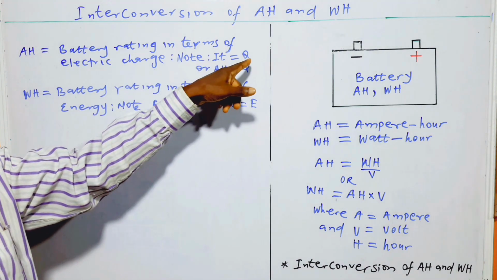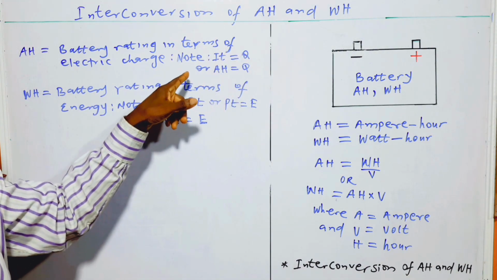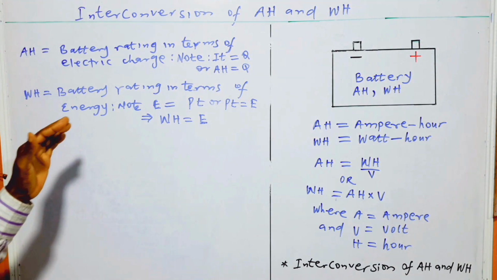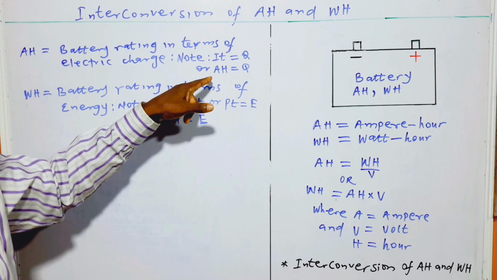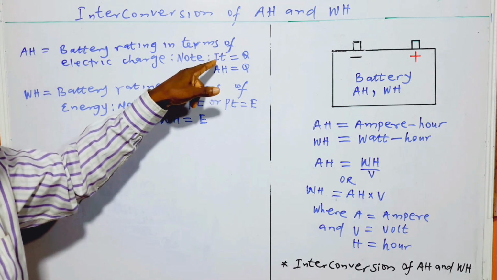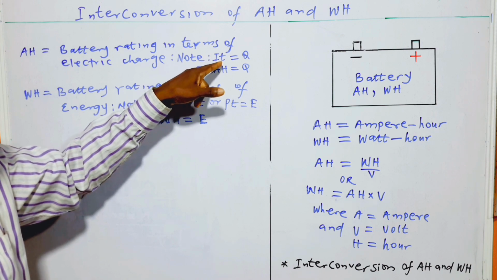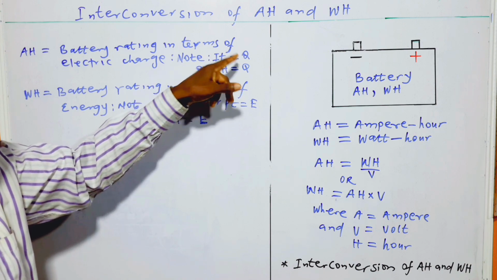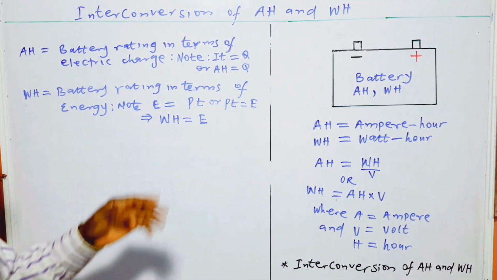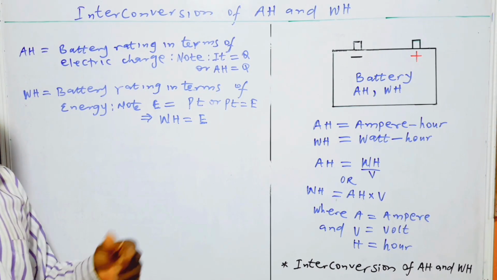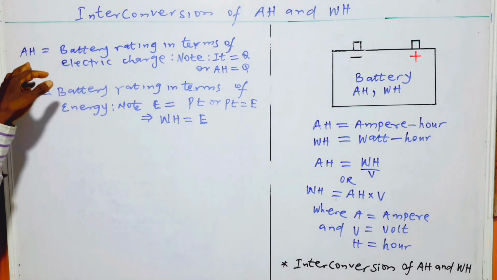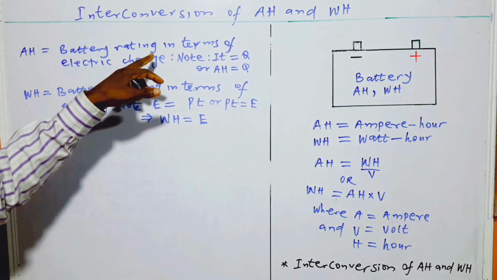That is IT, which is equal to Q, so Ampere-hour is equal to Q. What we are saying is that Ampere-hour is the same thing as multiplying current by time, and that gives us Q, the quantity of charge in coulomb. That is why we are saying that Ampere-hour is the battery rating in terms of charge.